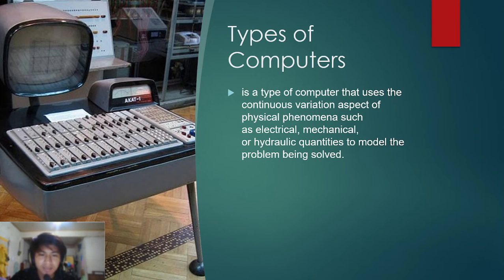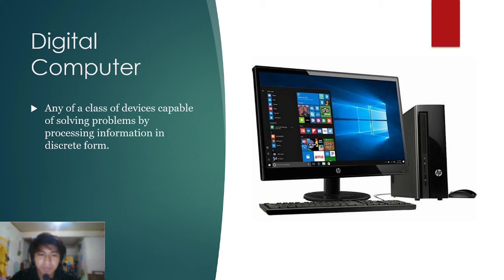Next type is the digital computer. It is any of a class of devices capable of solving problems by processing information in discrete form. It operates on data, including magnitudes, letters, and symbols that are expressed in binary code using only the digits 0 and 1.